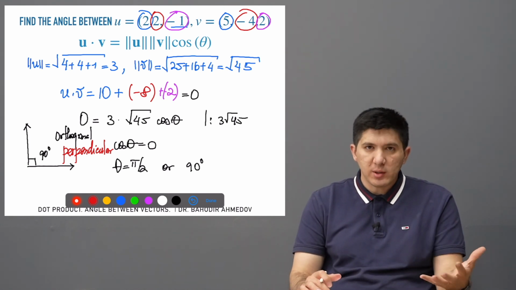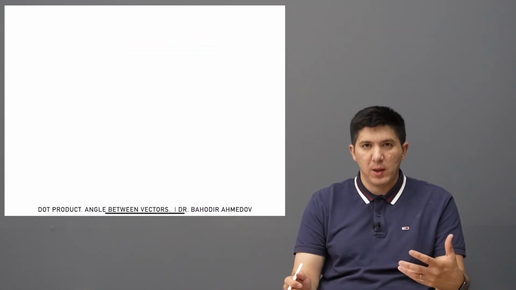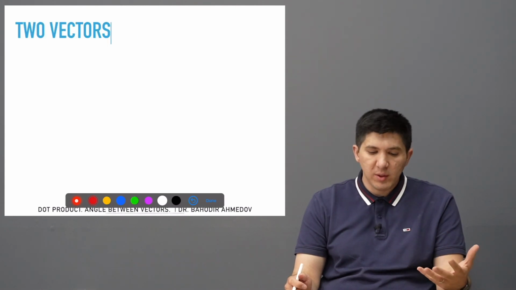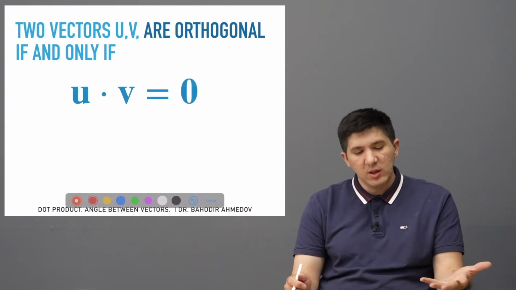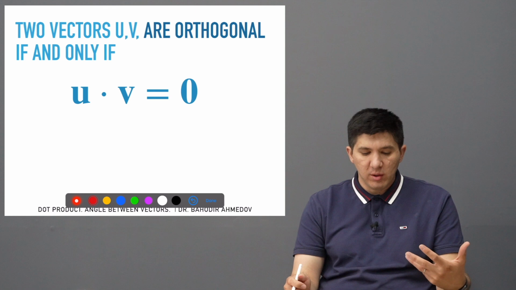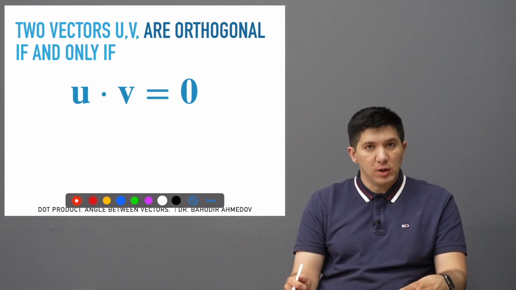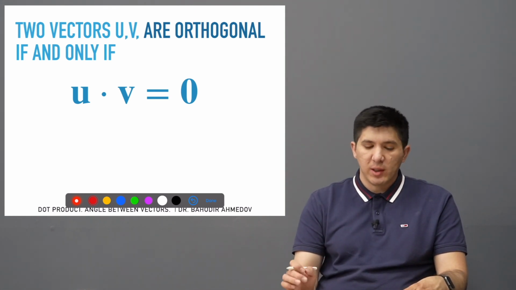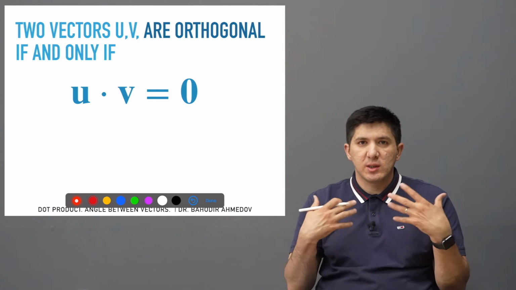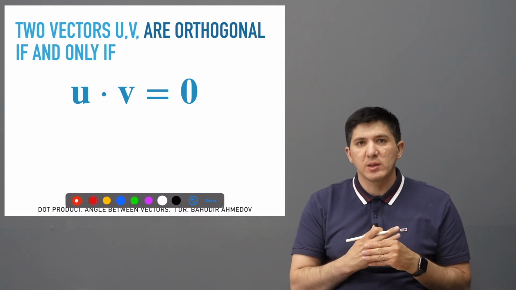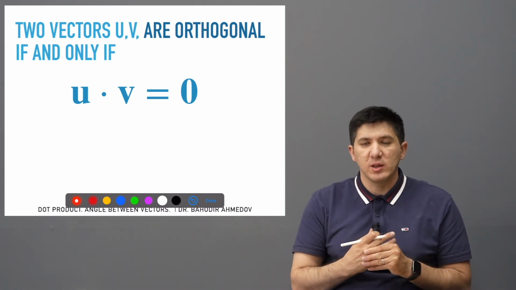So this will bring us to one of the important conclusions about the dot product and the angles between two vectors. Namely, two vectors u and v are orthogonal if and only if the dot product is equal to 0. Here, if and only if means that these two statements work in both directions.